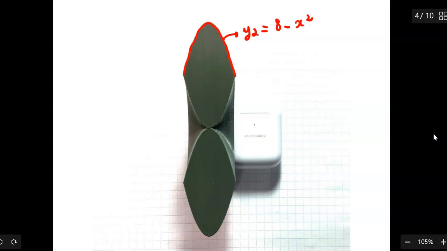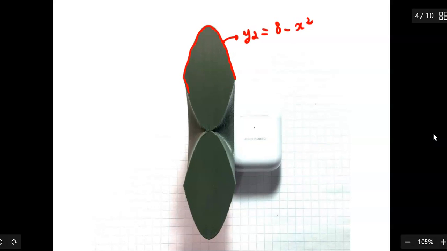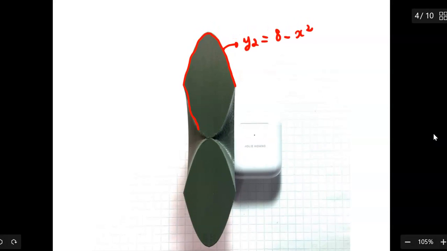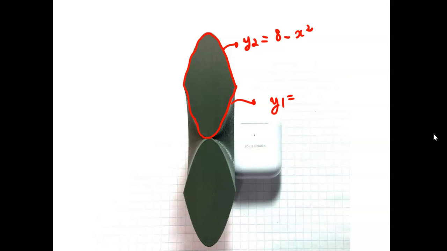The lower one is this one right here. So this is your y1, which is equal to x squared. Okay, so this shape will look like this.